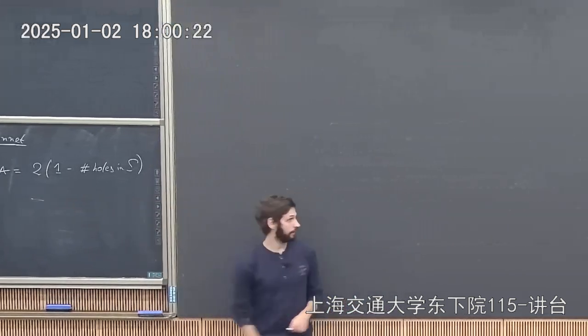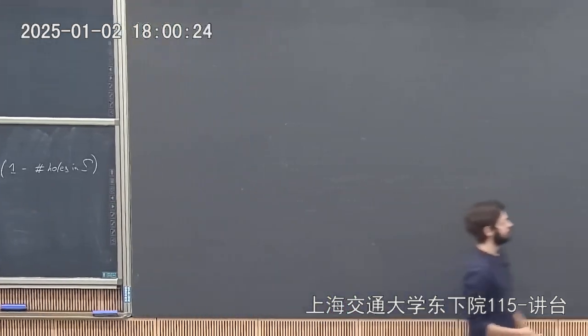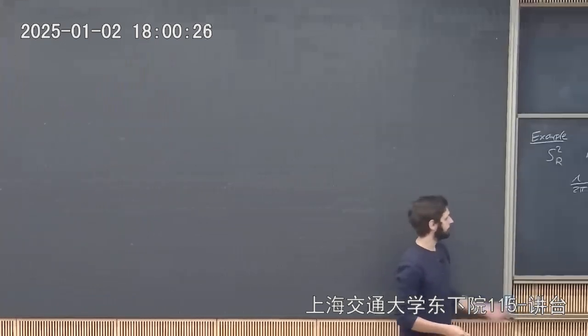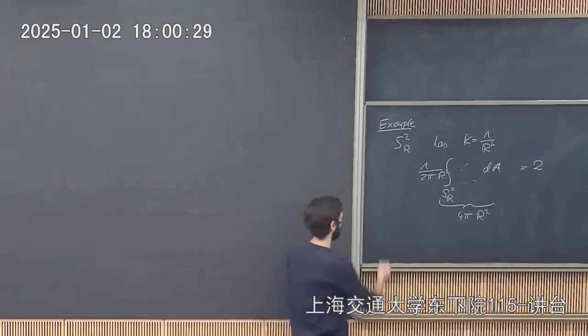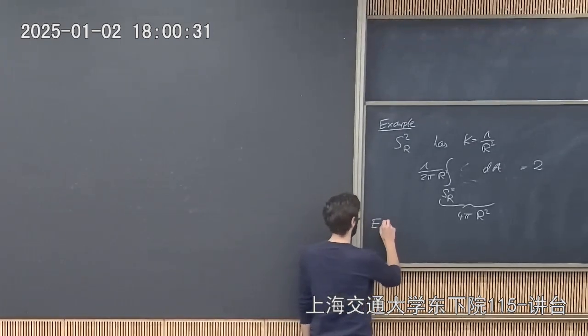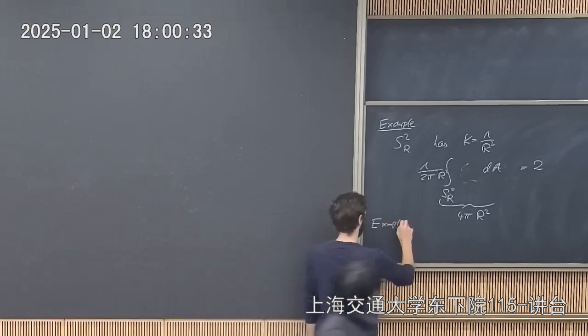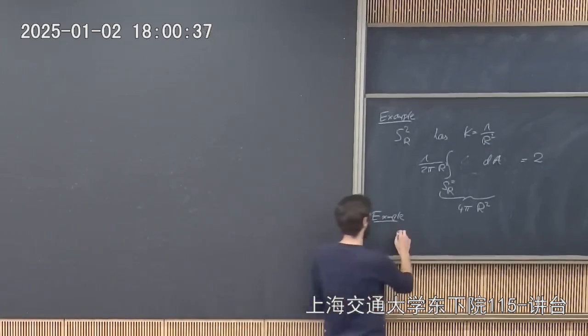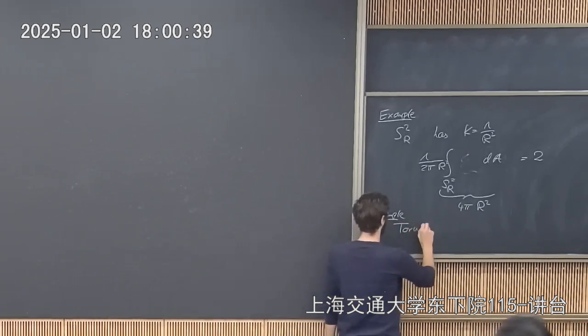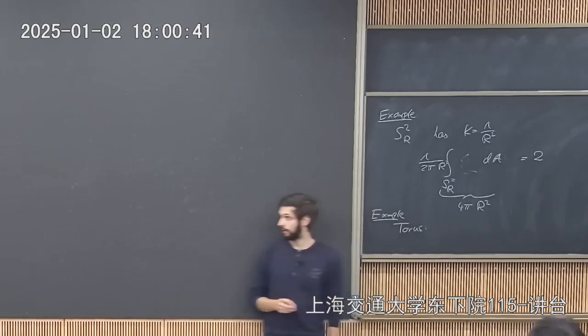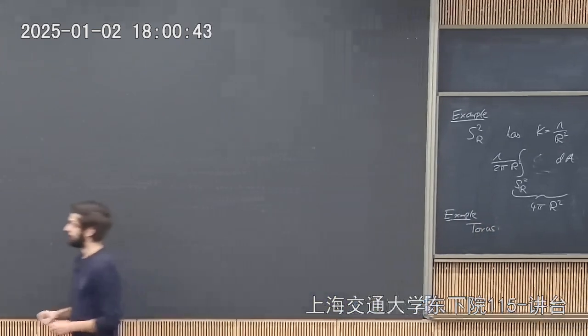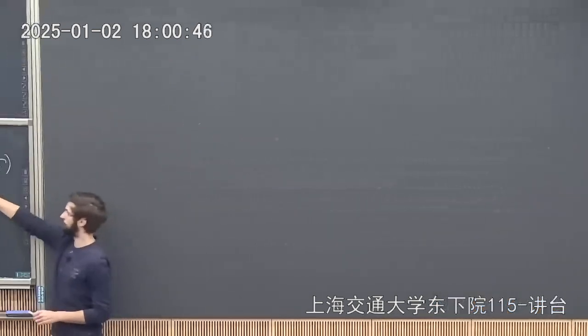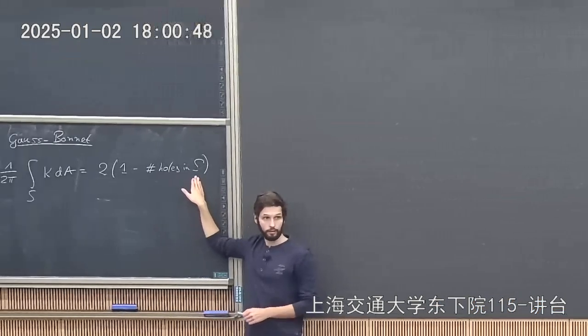okay. So that's the theorem, and the example is nice. It works out. A different example would be the torus. The torus has a number of holes which is 1.